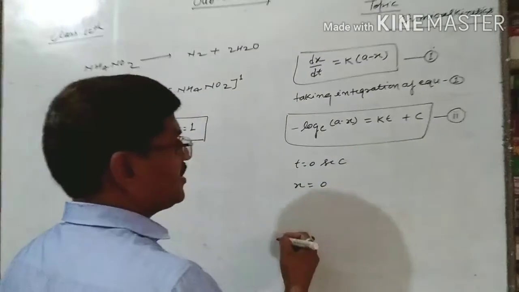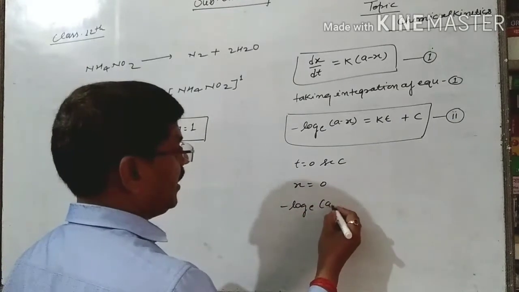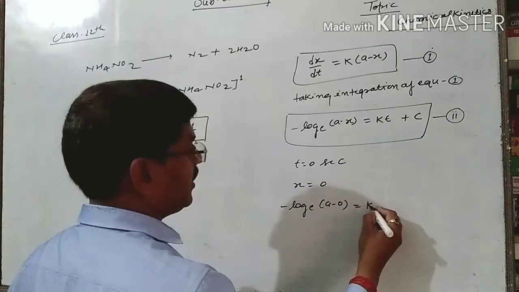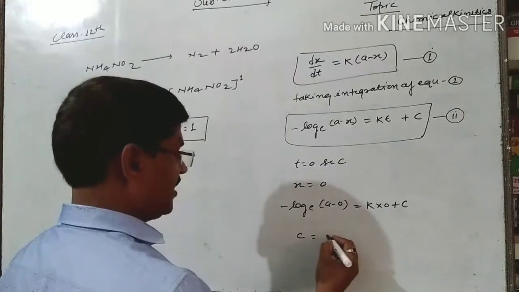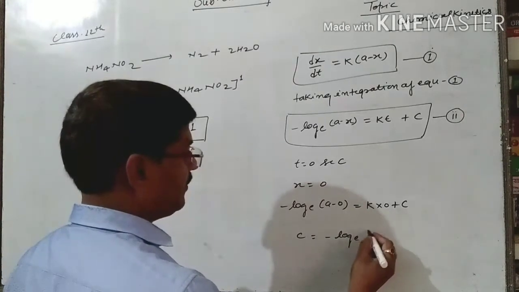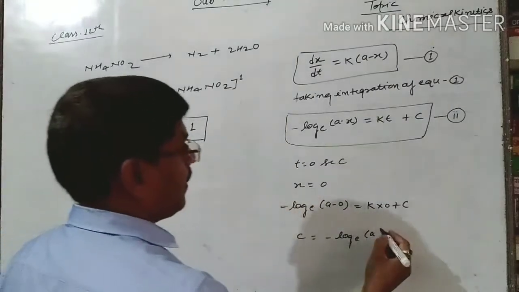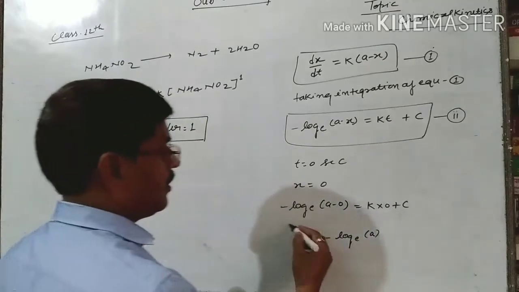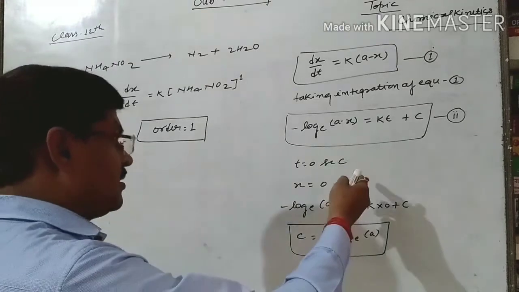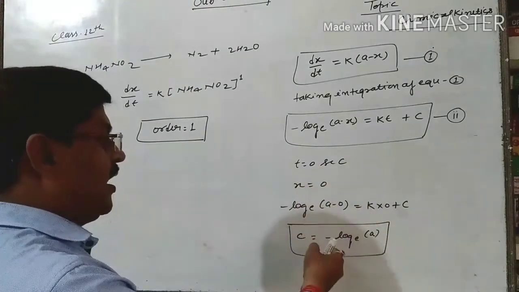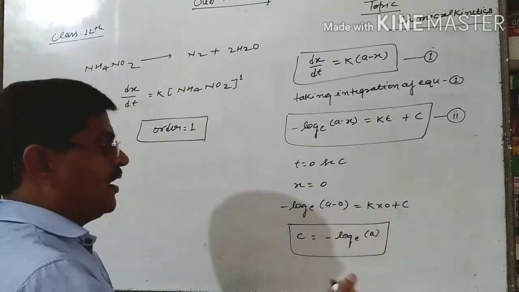Putting these values in equation second, we will get once again minus log e base (a minus 0) is equal to K into 0 plus C, or this is equal to C, minus log e base a. You are seeing here, I have placed the value of t and x, and I am finding here C is equal to minus log e base a.